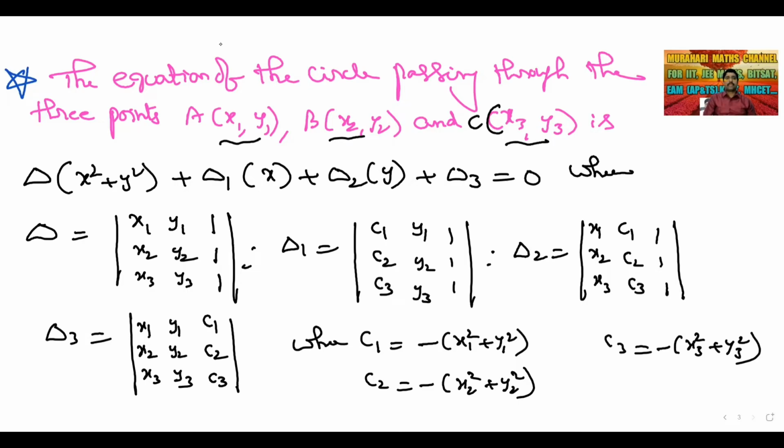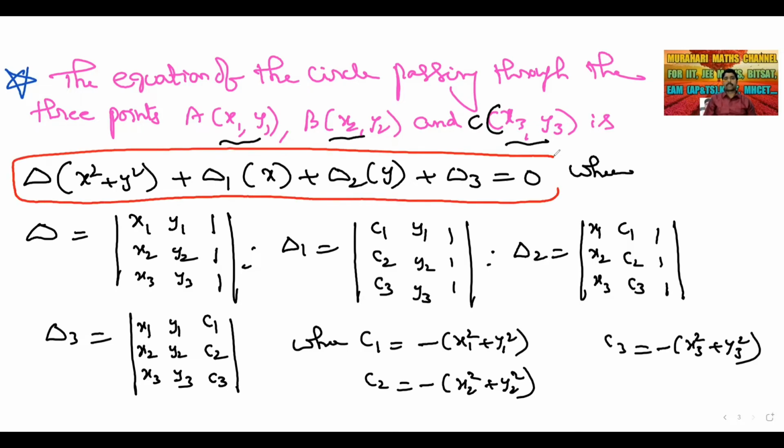So this is the equation of the circle passing through 3 points. Very, very important: Δ times (x² + y²) + Δ1 x + Δ2 y + Δ3 = 0. This is Δ1, Δ2, and Δ3.